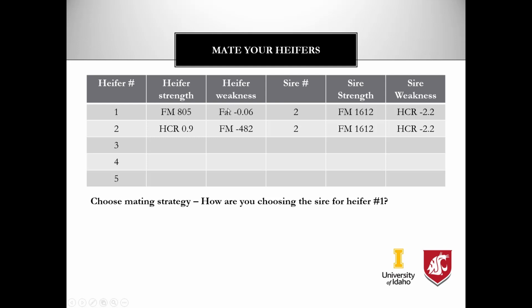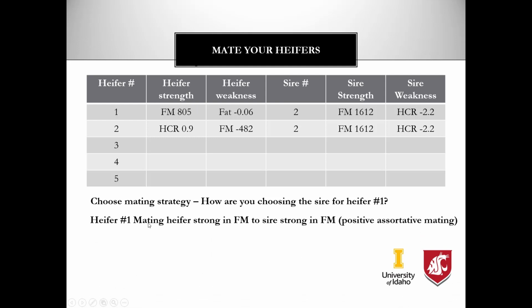Her worst trait, when we looked at the different traits on our report, was her fat. Her fat was minus 0.06. When we looked at sire number 2, his strength was milk as well, 1612, and his heifer conception rate was his weakness. And so if we mated her with this particular sire, both of their strengths were the same.